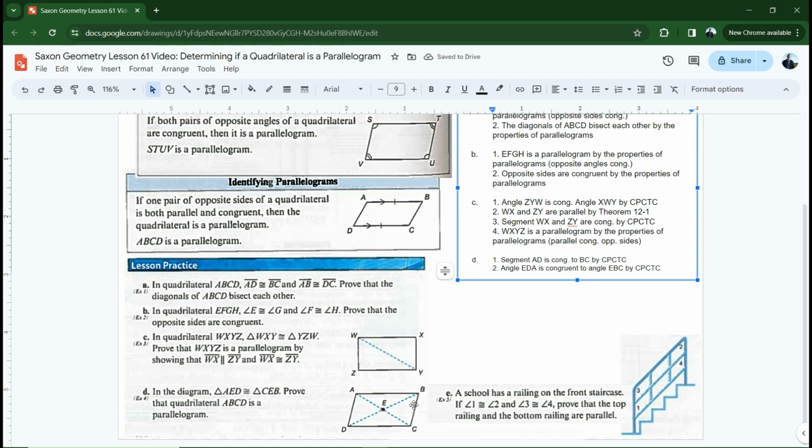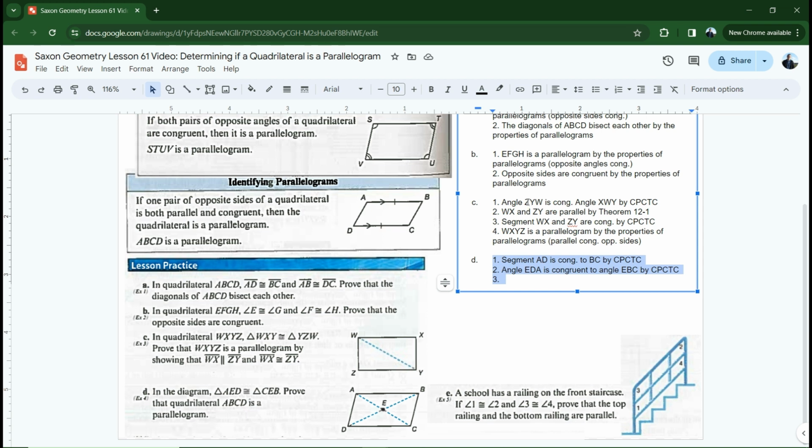And then these are alternate interior angles. So again, in another step that I didn't do in the previous one, I could state that these are alternate interior angles by the definition of alternate interior angles. It'd probably be a little more complete if I made that statement.